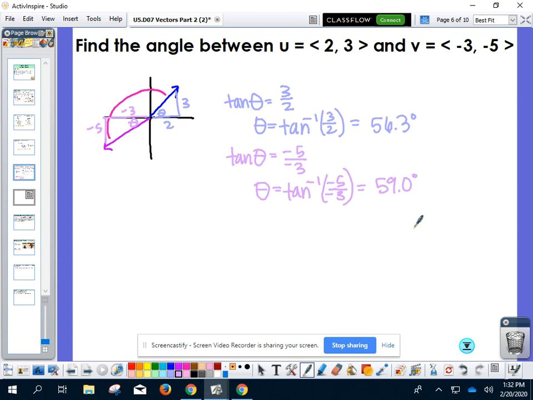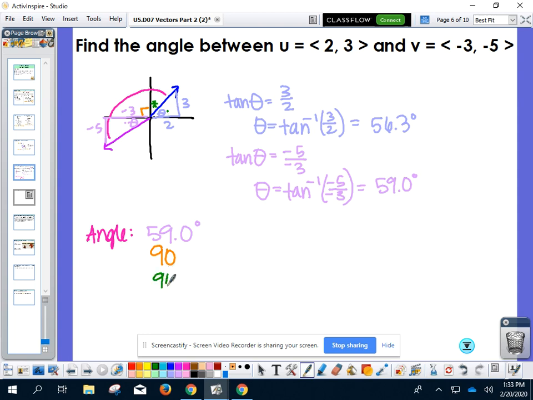So now I need to start piecing some things together. I'm starting with that little 59 degrees that I just calculated in the purple triangle right here. So 59.0 degrees. And then to that, I'm going to add this entire quadrant, which is 90 degrees. And then I'm going to add this little sliver right here. That little sliver happens to be the complementary angle for what we found inside the triangle right here.